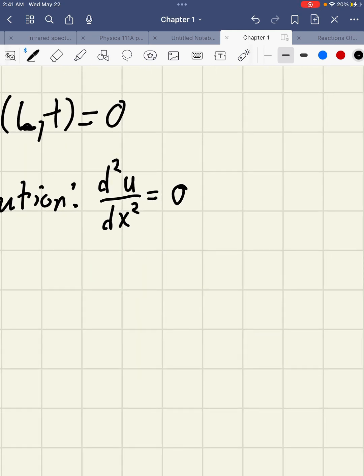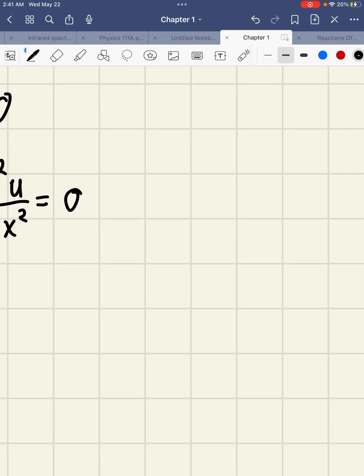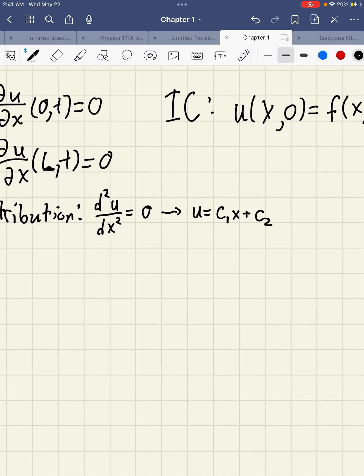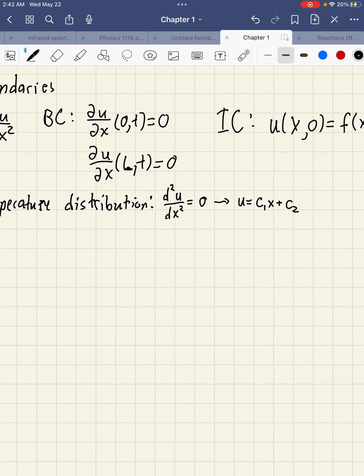Now, from here, I know that my u is the equation of a line, right? And I can write that as u is equal to c1 x plus c2. To solve for those constants, I just have to satisfy the boundary conditions, which are given in this derivative form.